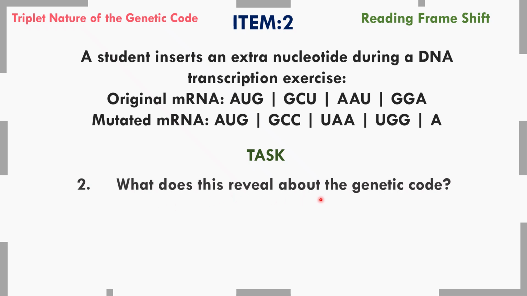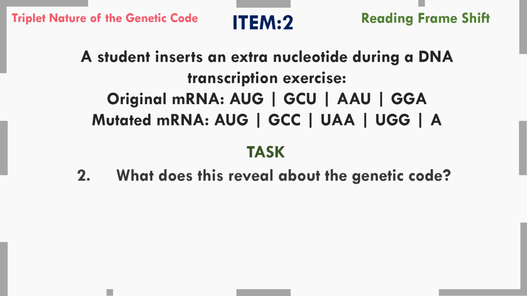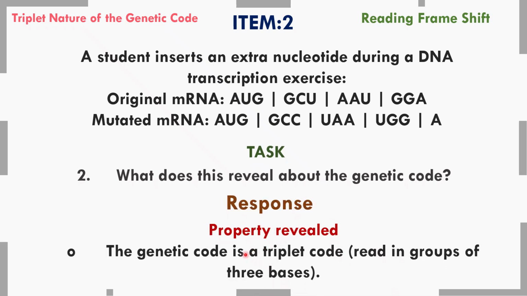What does this reveal about the genetic code? Property revealed: the genetic code is a triplet code, that is, read in groups of 3 bases.